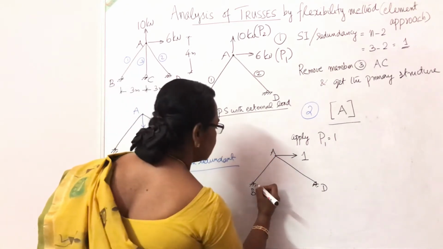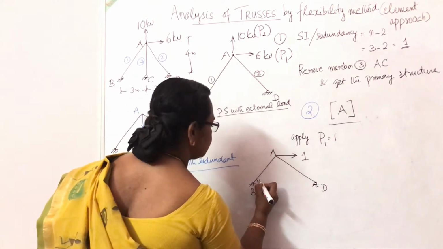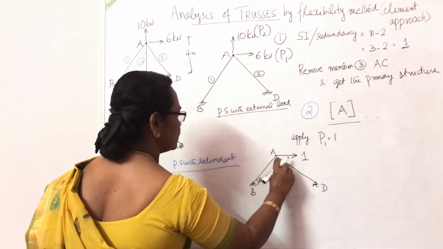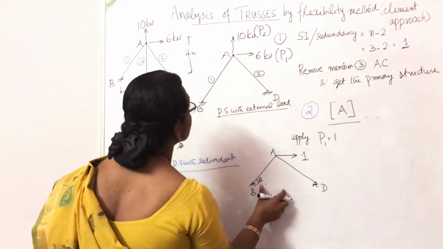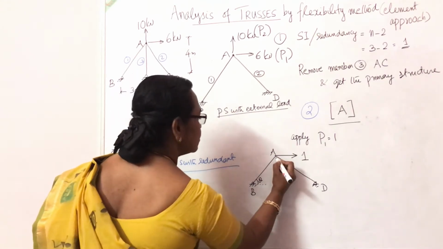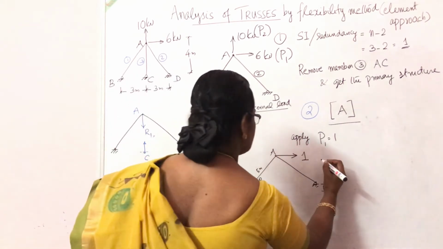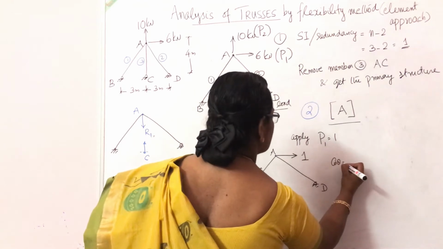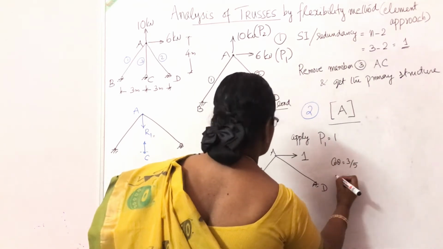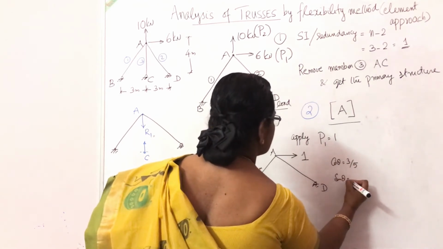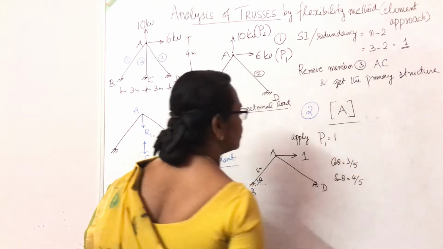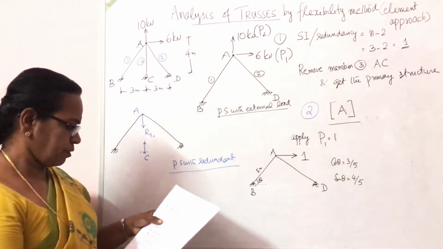What about this angle, theta? This vertical distance is 4 meter. This horizontal distance is 3 meter. So this is 5 meter. So I can write cos theta is equal to 3 by 5 and sin theta is equal to 4 by 5.